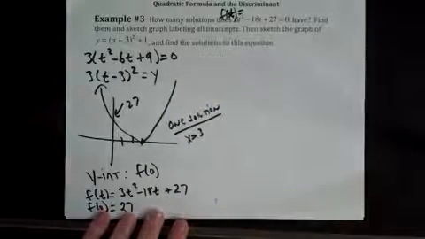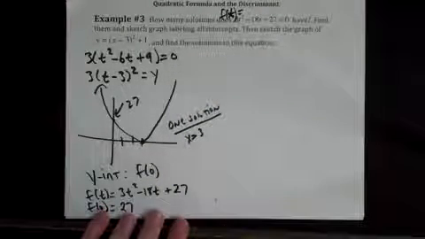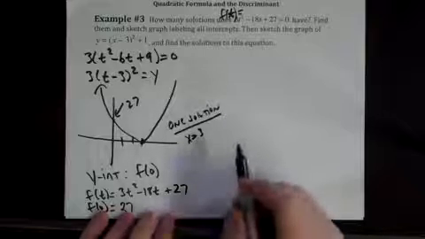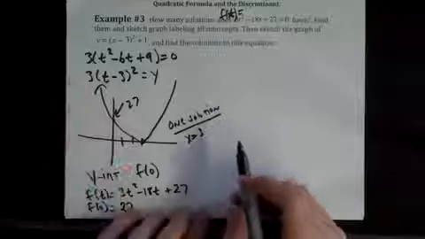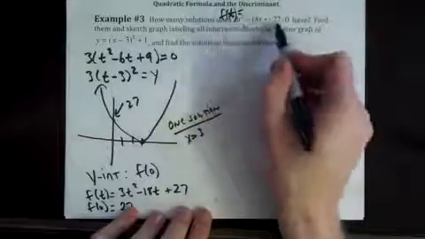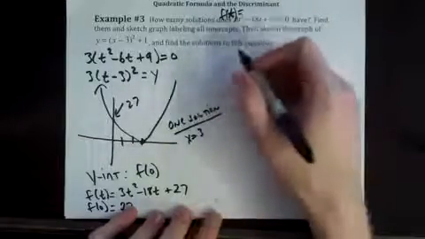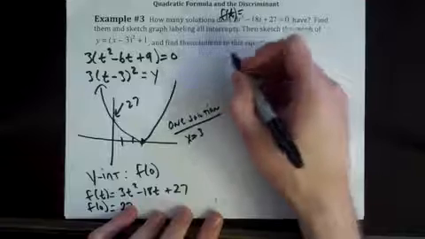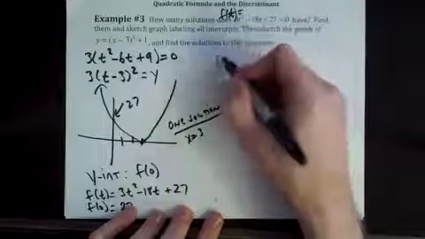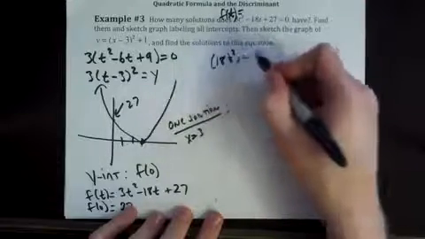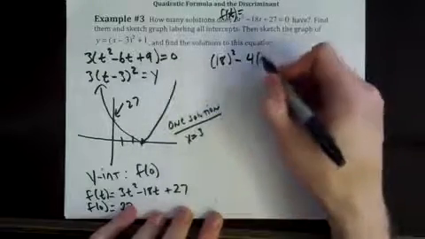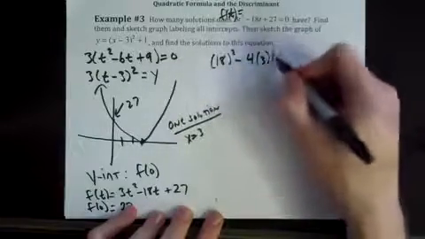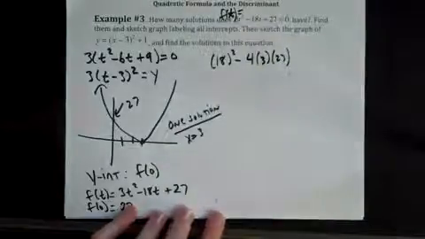And look, that must mean that the discriminant must have been 0. Let's make sure that it was. So let's take this equation right here. Okay. So b squared, 18 squared minus 4 times a times c.